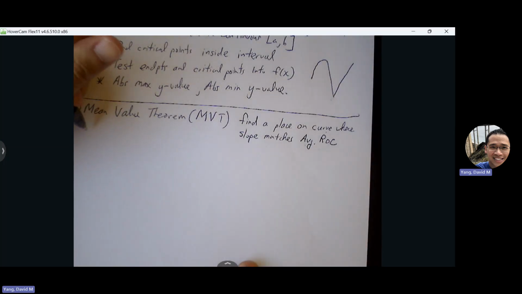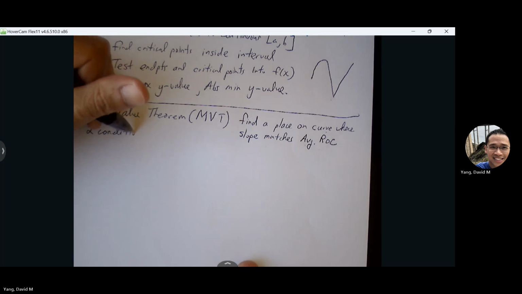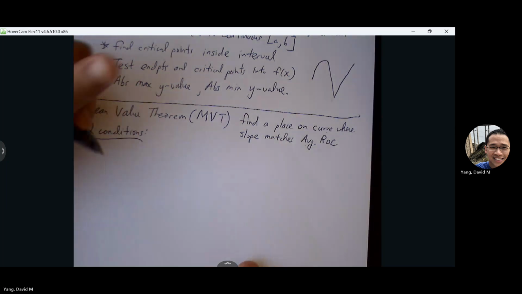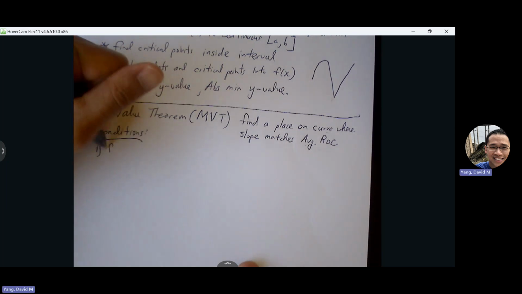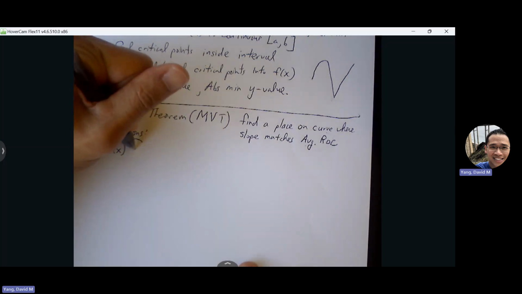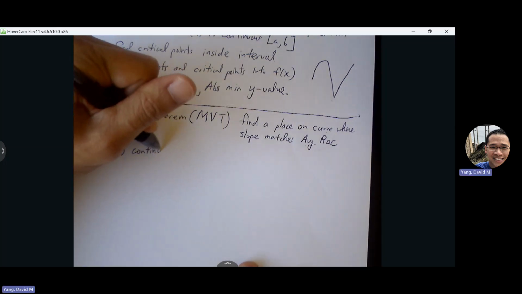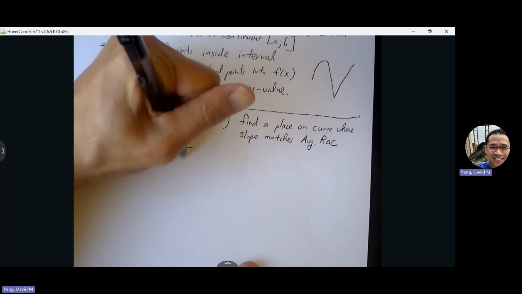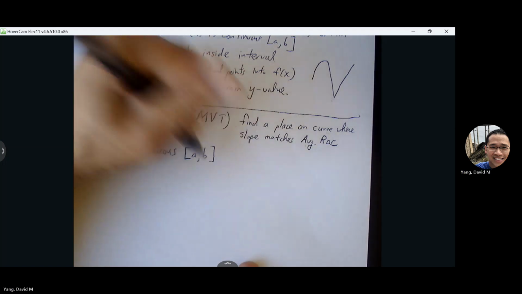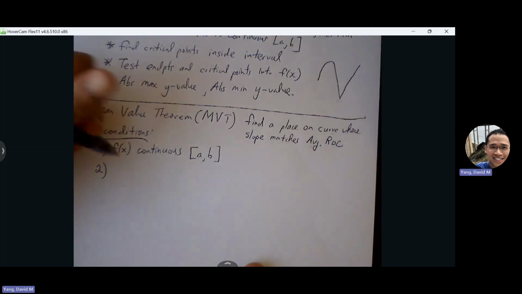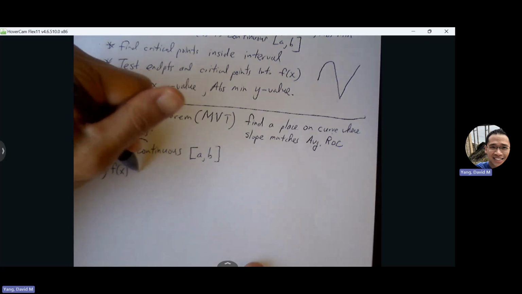So we do have two conditions that we have to establish. The first is that our function needs to be what? Yeah, continuous and differentiable. So continuous is with brackets, and then differentiable is with parentheses.